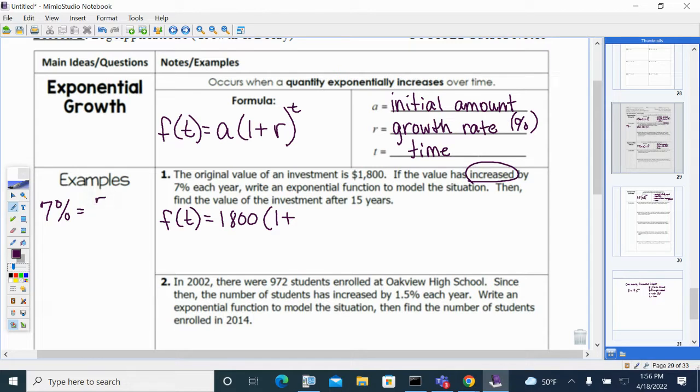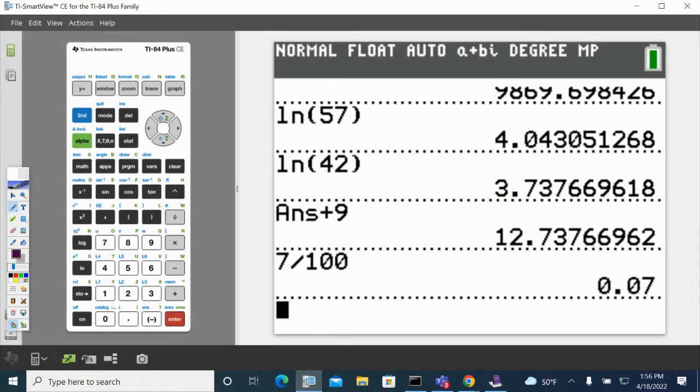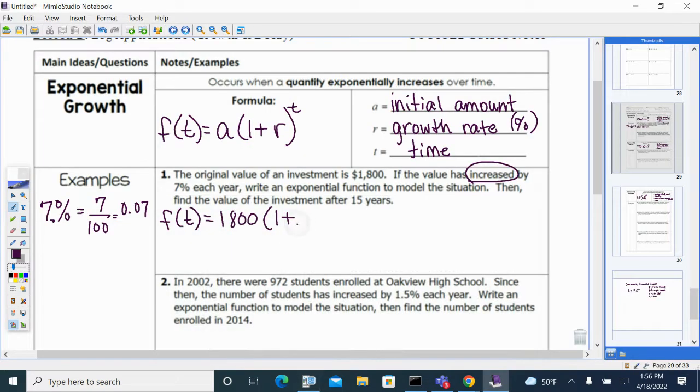Percent is all about per 100, so you could write it as 7 over 100, or what I like to do is take my decimal, which is to the right of the 7, and move it 2 places to the left, which gives me 0.07. And if you don't understand how moving decimals works, you can take your 7 and divide by the 100, and it will also give you the correct decimal value. So plus 0.07, and then raised to the t.